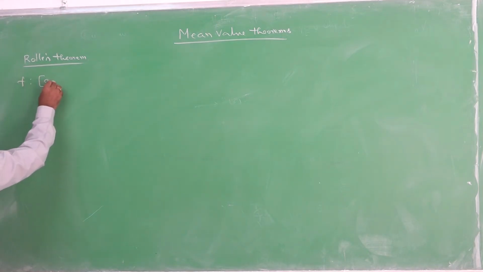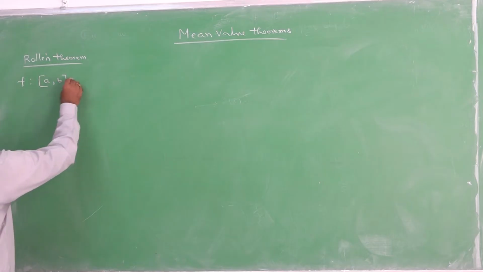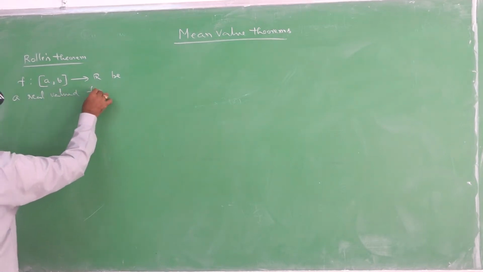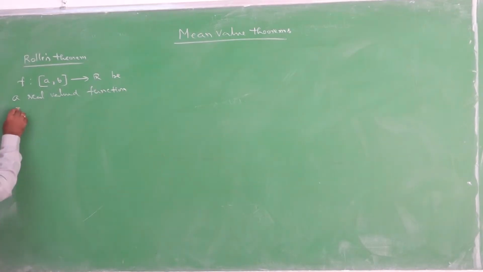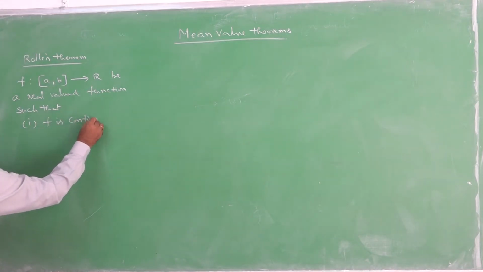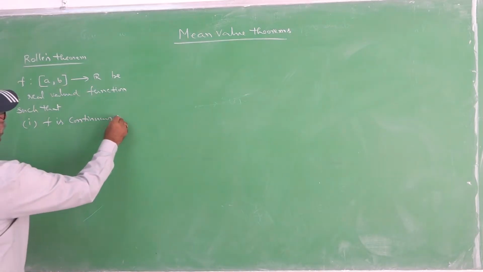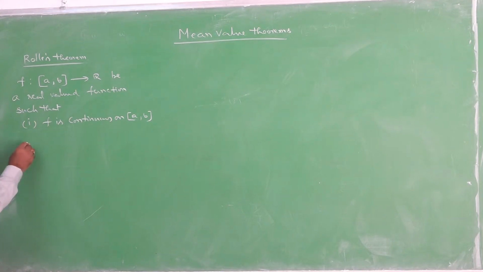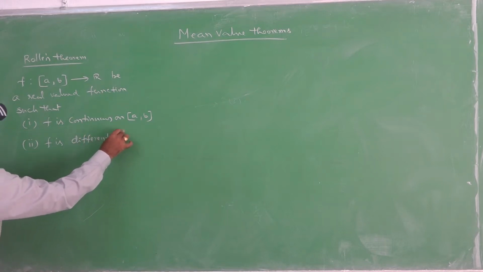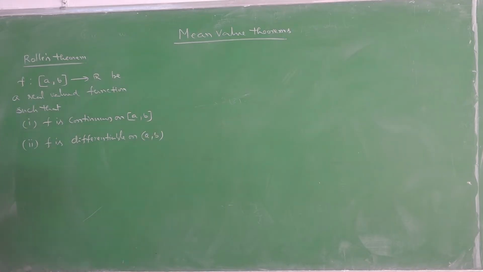Let f be a real valued function defined on the closed interval a, b, such that it satisfies the conditions: f is continuous on the closed interval a, b; f is differentiable on the open interval a, b; and the third condition is f of a equal to f of b.